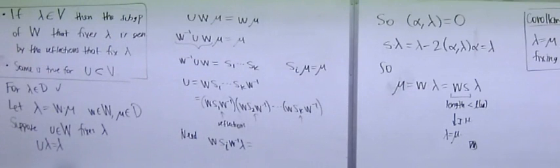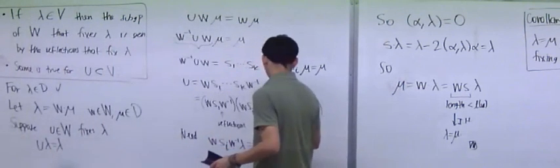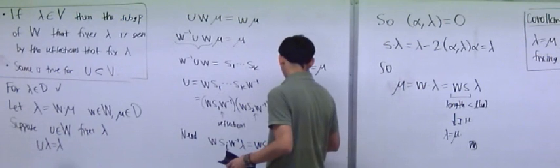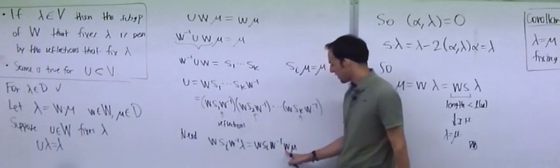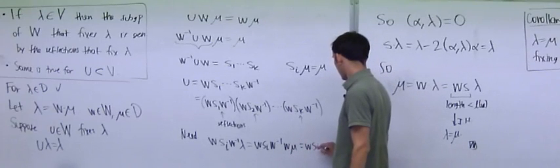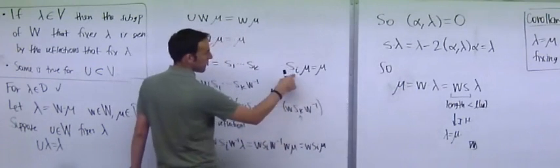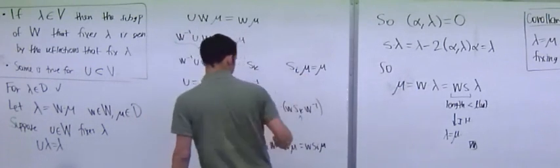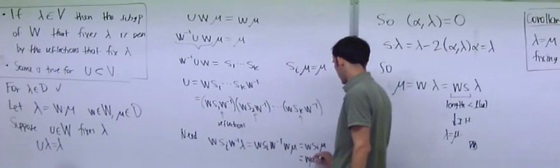And then the way that I do this computation is basically, I know that lambda is W mu, right? So this is W S_i W inverse W mu. Then W inverse and W cancel each other. So I get W S_i mu. But I know that S_i leaves mu fixed. So this is equal to W mu, which is lambda.